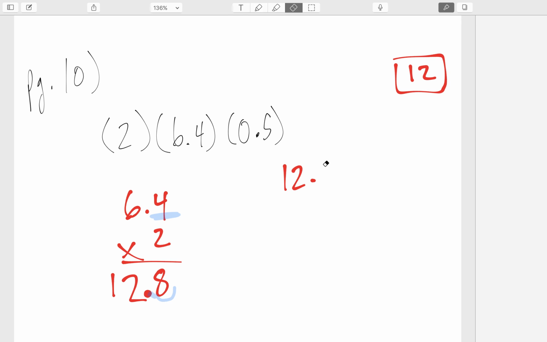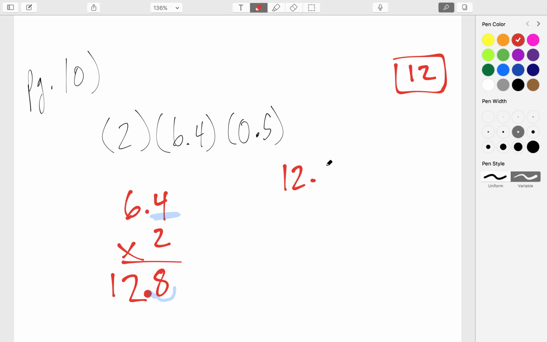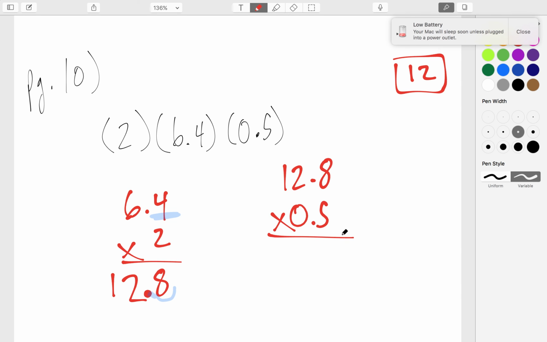Now that you have 12.8, you're going to multiply by the 0.5. 5 times 8 is going to be 40. 5 times 2 is 10 plus 4 is going to be 14. 5 times 1 is 5 plus 1 is 6.